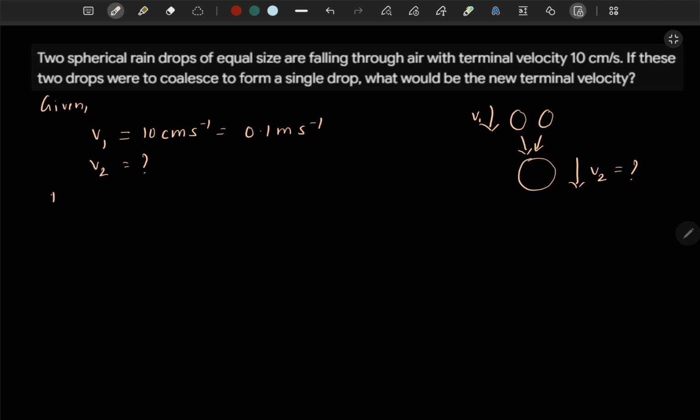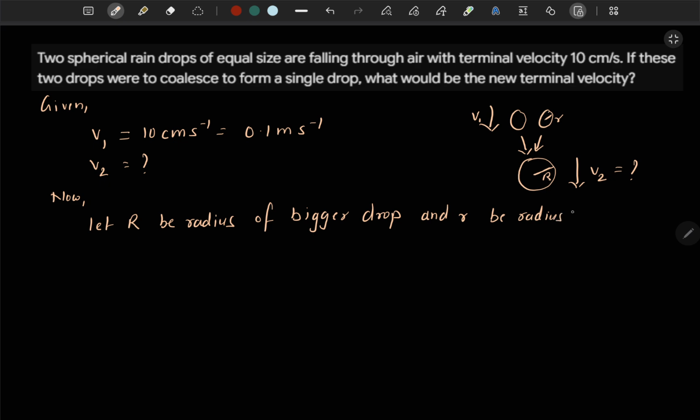So here what we will do, we will consider the radius of bigger drop as capital R and radius of smaller drop as small r. Let R be radius of bigger drop and small r be radius of small drop.